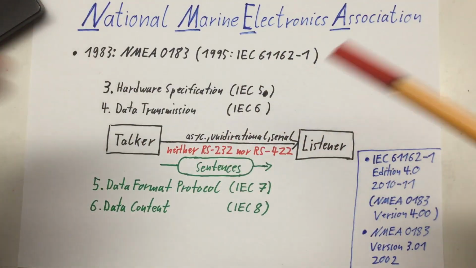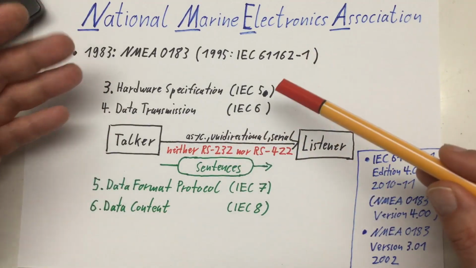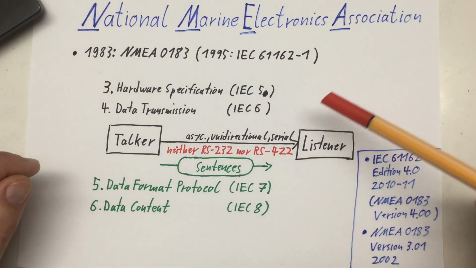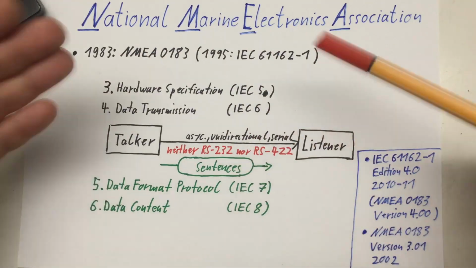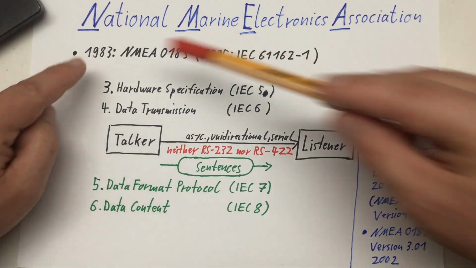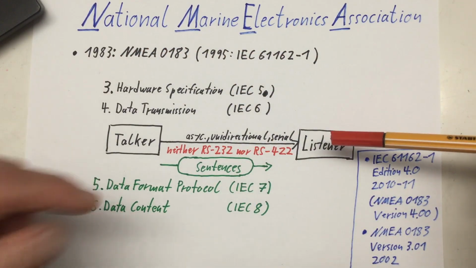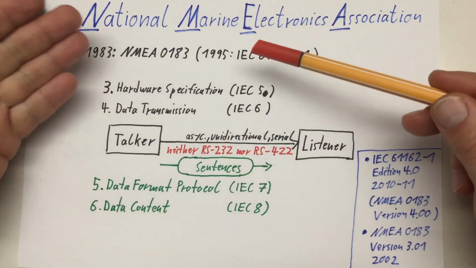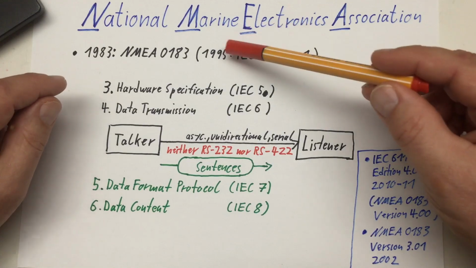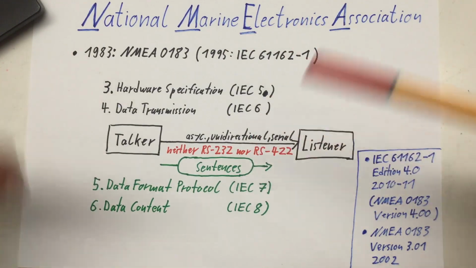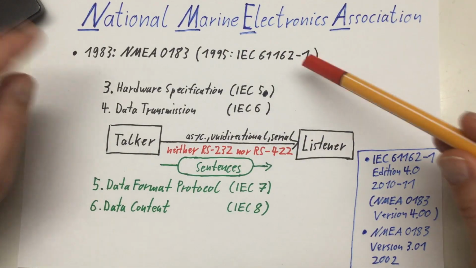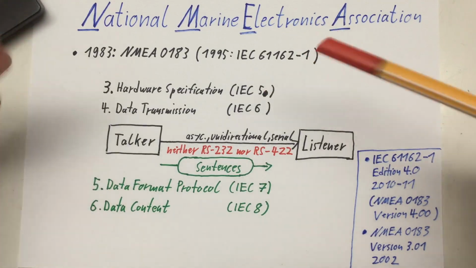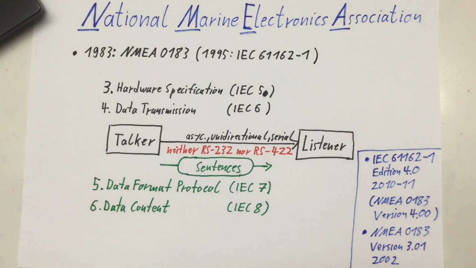In general, there's a lot of dangerously incomplete or outright wrong information about these standards out there. The reason being, these are copyrighted standards, and a copy of the NMEA 0183 sets you back $1,000 and a copy of the IEC equivalent a few $100. So not very many people have actual copies of these.